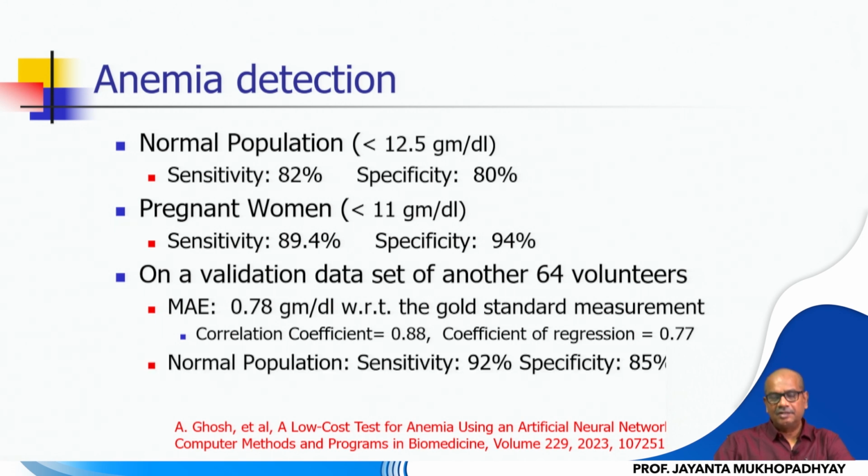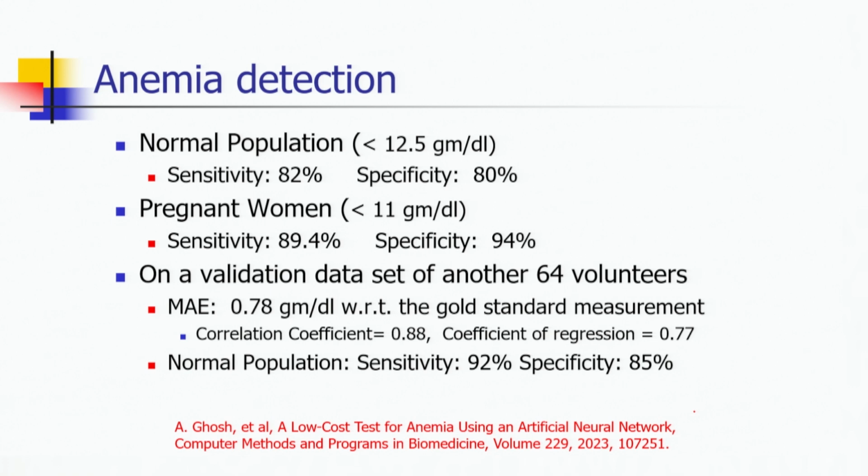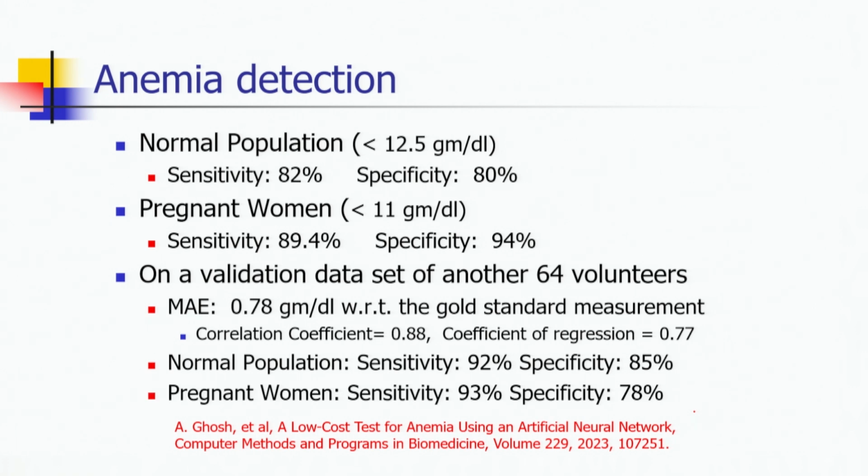Then for the normal population, sensitivity is 92% and specificity is 85%. So it is quite good for the normal population. For pregnant women also, sensitivity is 93% and specificity is 78%. But specificity went down, which means that the true negative prediction was not as per expectation.